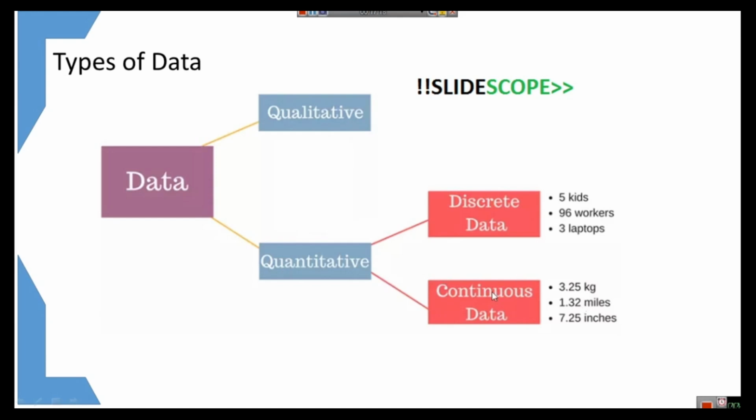If you plot this data, you can tell that before 3.25 kg. So this is a scale, you can tell these things on a scale also. So these things fall on a scale, but 5 kids, 96 workers, information like this falls under discrete data.